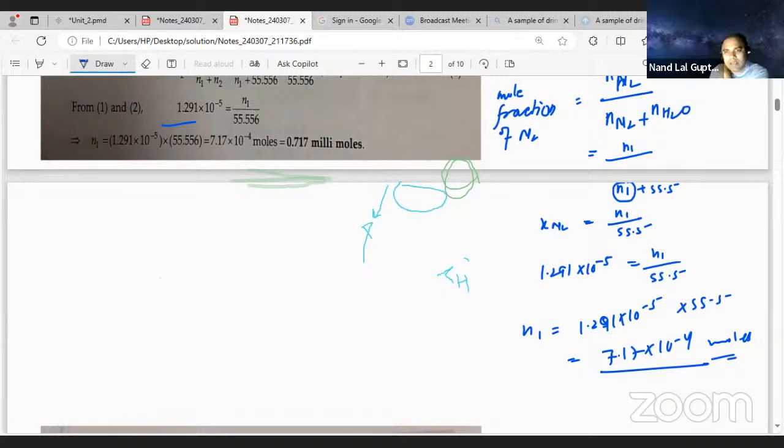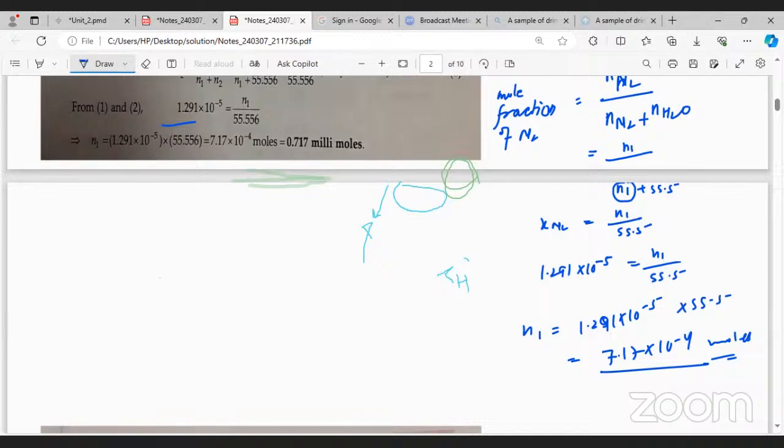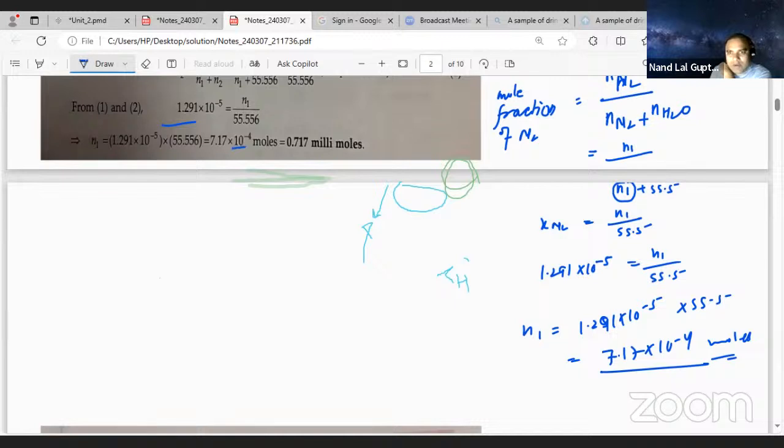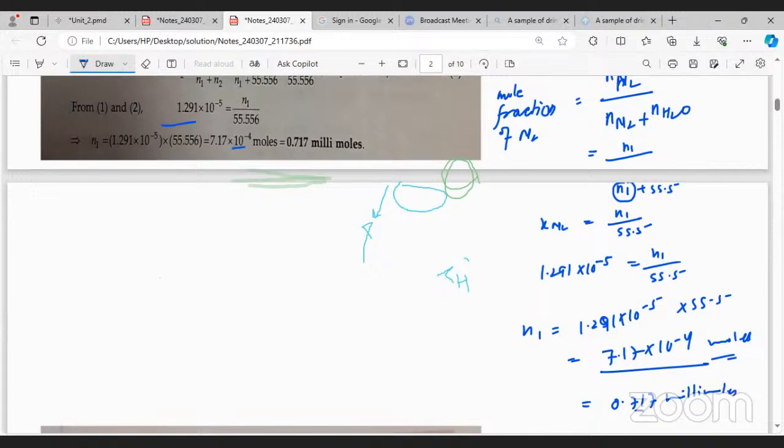This is moles, so multiply by 1000. So this value you will get: 0.717 millimoles.